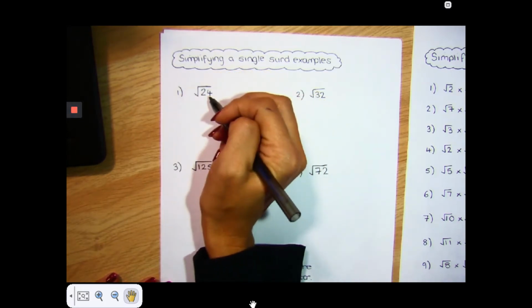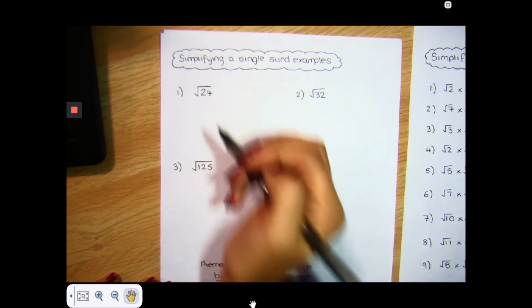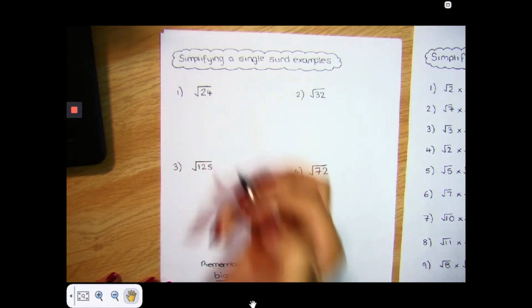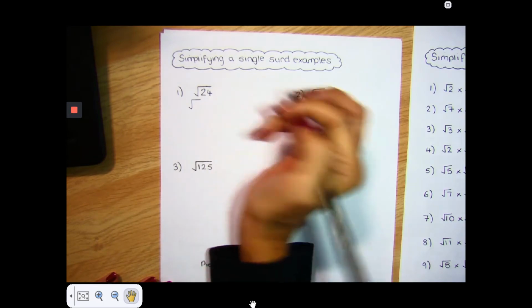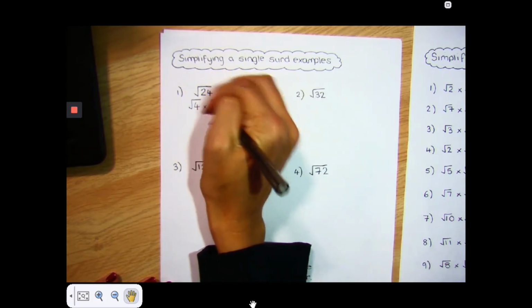So with this, ours is going to be root 4 times root 6. 4 sixes are 24. 4 is a square number. Let's do the square root of 4, which is 2. And I times that by root 6, so my answer is 2 root 6.